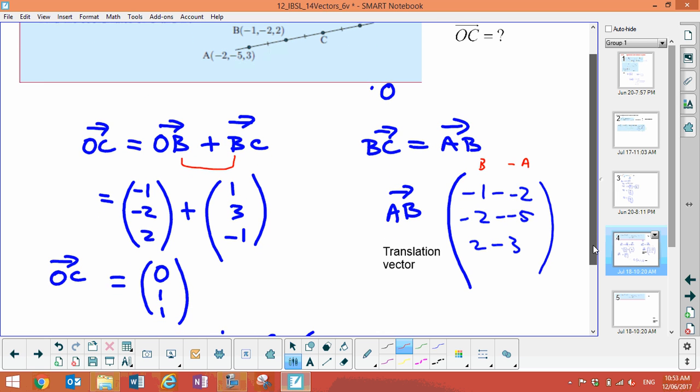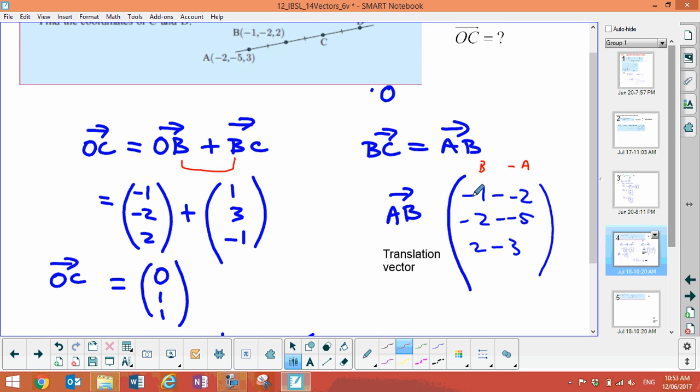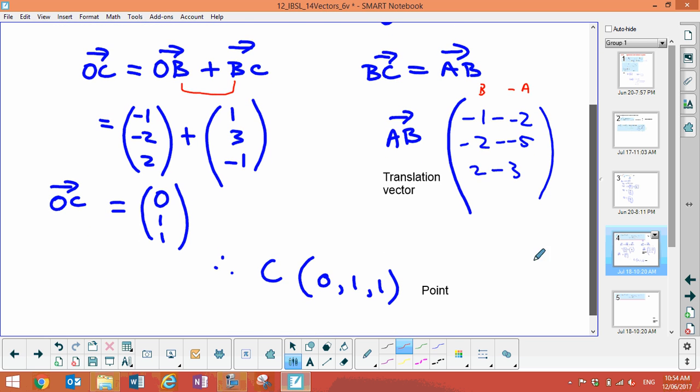So that gives us our translation vector of minus 1 plus 2 makes plus 1, minus 2 plus 5 is 3, 2 minus 3 is minus 1. So that's our vector that takes us from A to B, and we want to do the same for B to C. So we can now add that vector to our initial point of B, and we come up with our coordinates of OC. In other words, the coordinates of C is 0, 1, 1. If it wants coordinates, write it as a point.